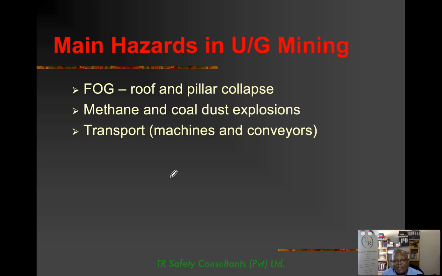And transport, in terms of machinery and conveyor belts. Take for example Middelburg, Arnot: you see a conveyor belt system from the power plant right across the N12 to the workings on the other side. It can be kilometers and kilometers of conveyor belt, so that can be very hectic indeed. So those are the three main hazards: fall of ground, methane and coal dust explosions, and transport.